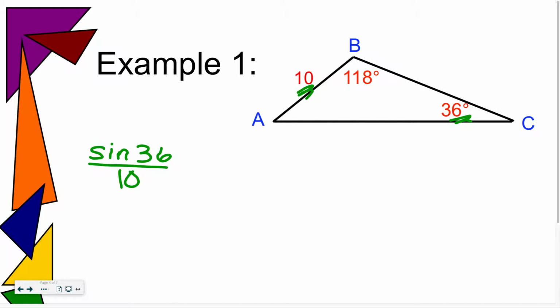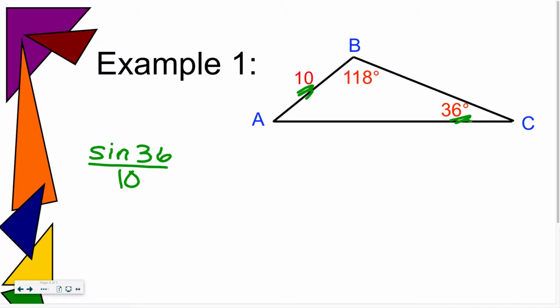And the other two angles and their corresponding side lengths have to have that same ratio. So I can now use that to help me find my missing pieces. So if you can ever find an angle and its opposite side, that's a good time to use law of sines. We'll talk about ambiguous case tomorrow.